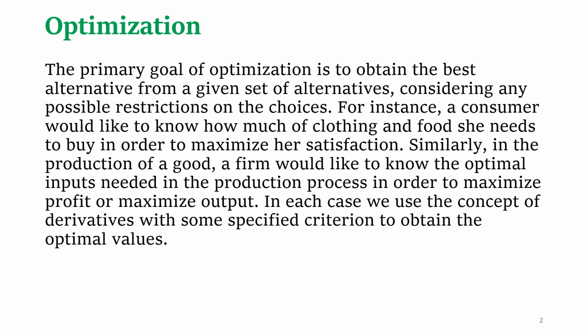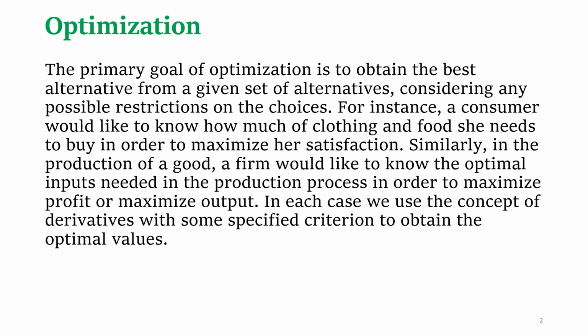Again, in the production of a good, a farm would like to know, for example, the optimal inputs needed in the production process in order to maximize profits or maximize output. So in each of these cases, we use the concept of derivatives with some specified criterion to obtain the optimal values.